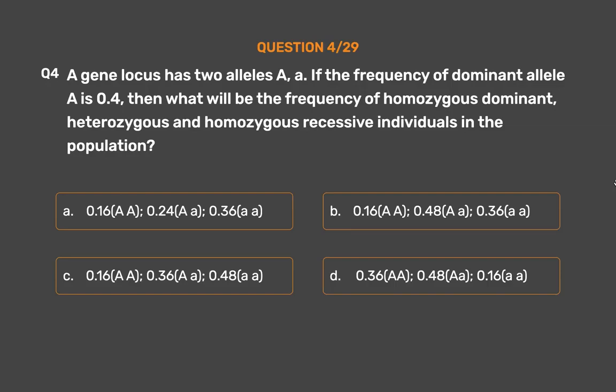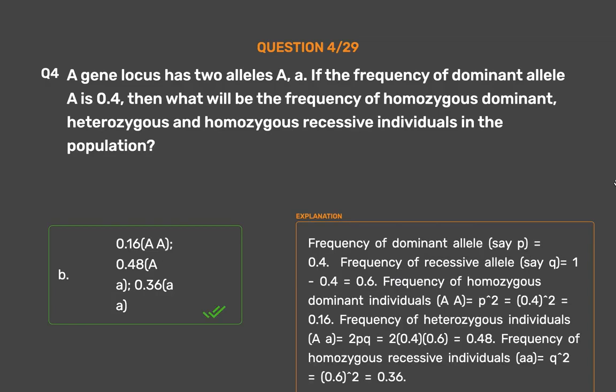The correct answer is Option B. 0.16 AA, 0.48 Aa, 0.36 aa. Frequency of dominant allele, say p, equals 0.4. Frequency of recessive allele, say q, equals 1 minus 0.4 equals 0.6.